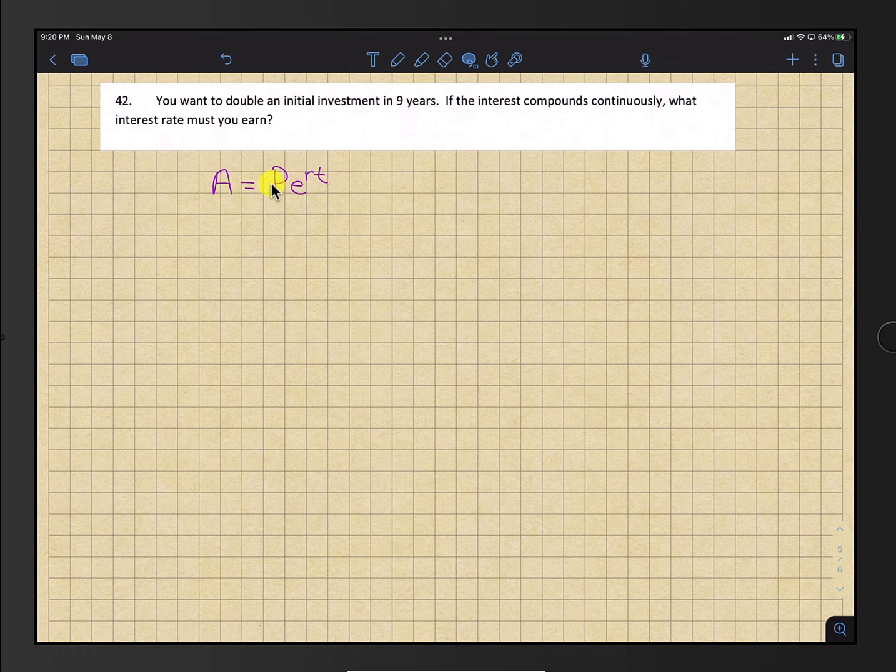That's A equals P, that's the initial value, times e raised to the power of rt. Now, since we are doubling in 9 years, we don't know how much we are starting with, so we don't know what P is, but we do know that it's doubling in 9 years. So that means we would replace the t with 9 years.